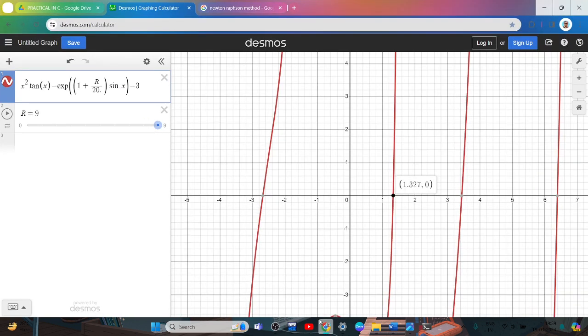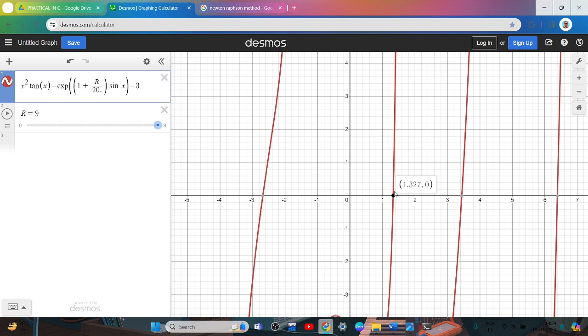Now we plot the function f(x) equal to x square tan x minus exponential (1 plus r by 20) sin x minus 3. Here r equals 9. So this is the function, the red color, this is the x-axis, this is the y-axis, and this point is the value of the root where the function cuts, the least positive, that is the smallest positive root.